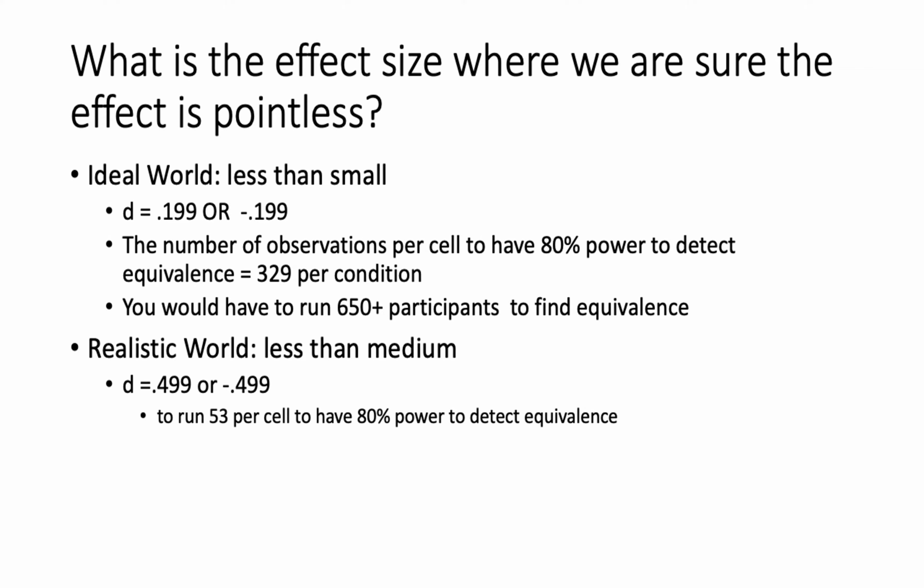So really, what I'm trying to say is that anything that's less than medium is not important. And that is the edge of my criteria. If something's just medium, if it has that Cohen's d of 0.5, I'm like, okay, it's worth pursuing. But if it's less than 0.499, it's not.